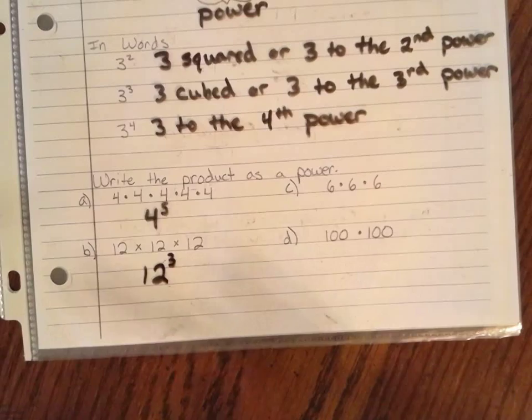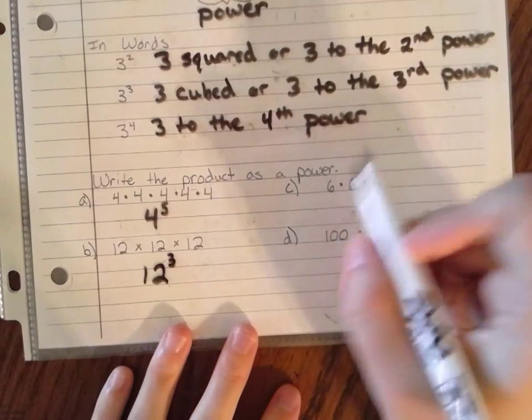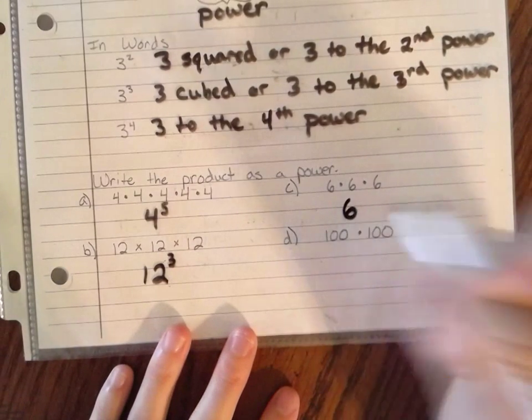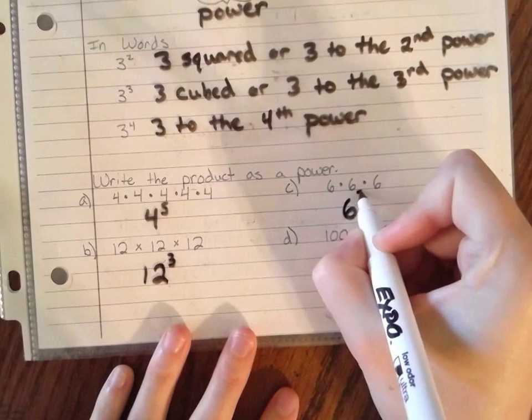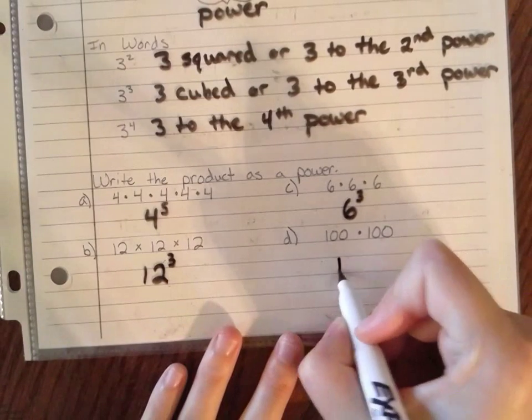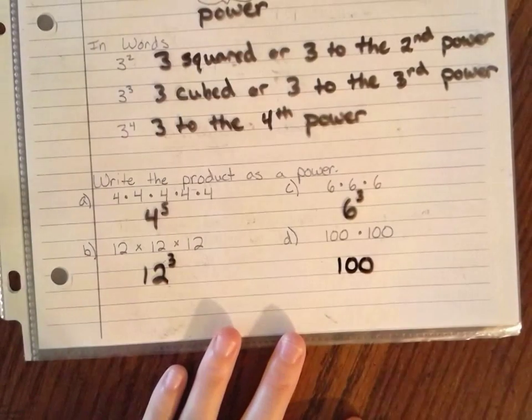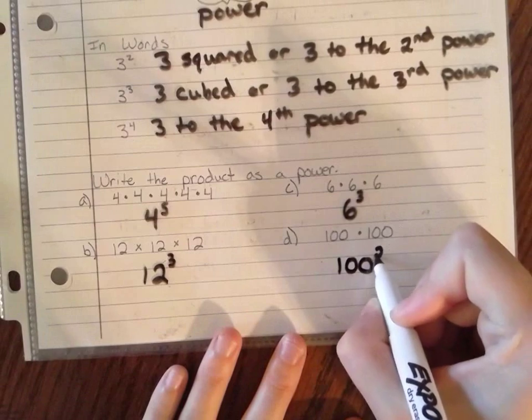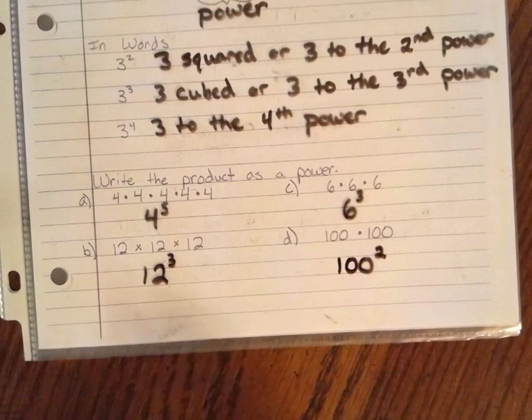On C, 6 is being repeated, so that is our base. And then it's repeated 3 times. And then the last one, 100 is our base, and it's being repeated twice.